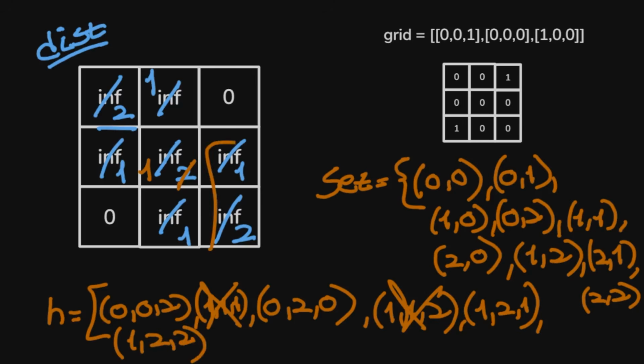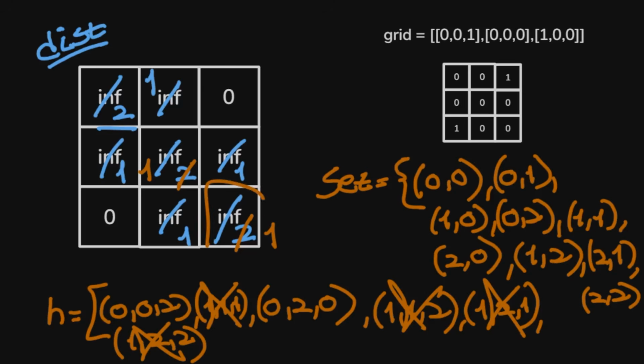Now the minimum here is 1, so we need to replace this value in distances with 1. Now we can pop the next tuple, so we can pop this. We are standing at 2, 1. We can't go down, we can't go up, we can't go left, and we can't go right. So that's it. Now we can pop the next tuple, meaning this one, because 1 is larger than 0.